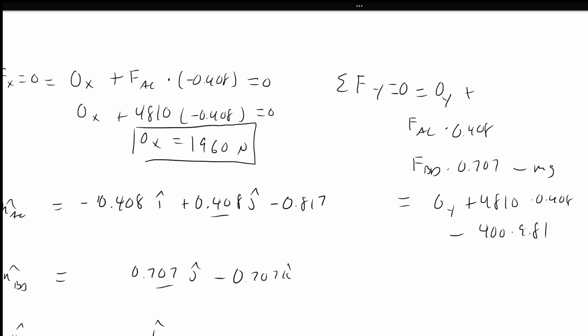Alright, so 400 times 9.81 minus 4810 times 0.408 minus 2780 times 0.707. Is that right? Oh, it looks like it's within a rounding error, it's 0.